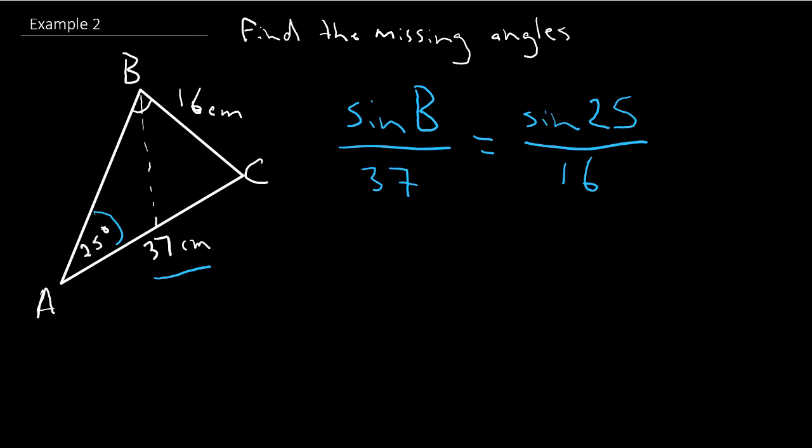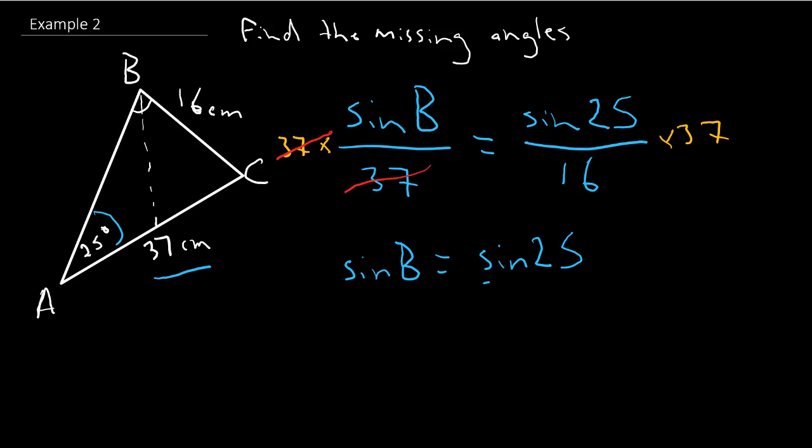So now I need to start solving this. A quick way to do this is to multiply both sides. We're going to try and isolate B. So we're going to times both sides by 37. What ends up happening is you're multiplying then dividing, so it cancels out, and then you get sine B on its own equals sine 25 over 16 times 37.